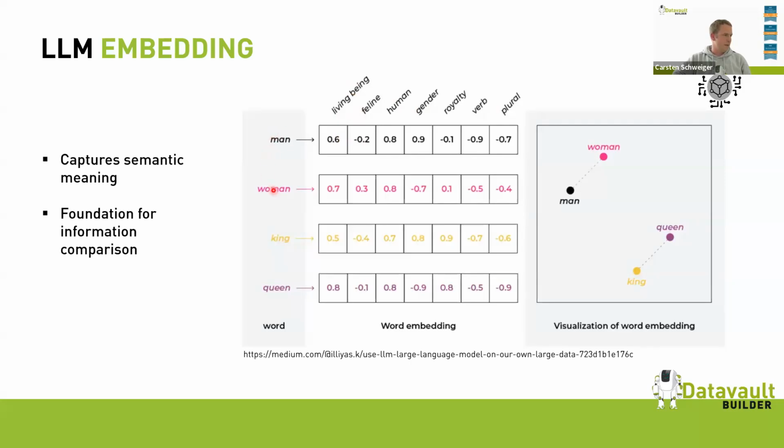So we see here, for example, man and woman, both is human, so the value here is quite high. Or if you look at the dimension gender, you see it's more like the opposite, man and woman here. King and queen also here have a high value in human, and a high value in royalty, but the man and woman doesn't have a high value in royalty. So this is just to get an idea how this works with embedding.